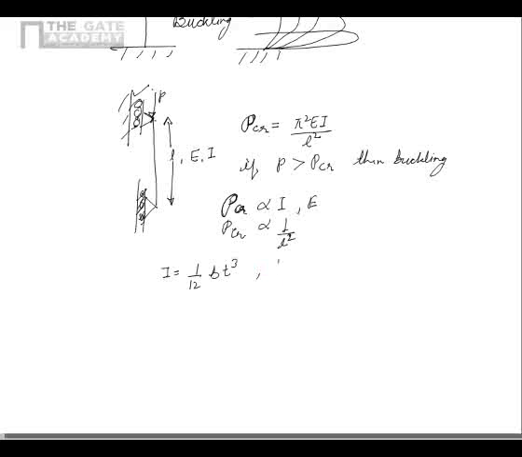So the P critical value will be equal to pi square EI upon L square, which is nothing but pi square E into 1 upon 12 BT cube upon L square. Now if I take a sigma critical stress, which I define by this, that value is pi square E into T square, because B cancels out, upon 12 L square.